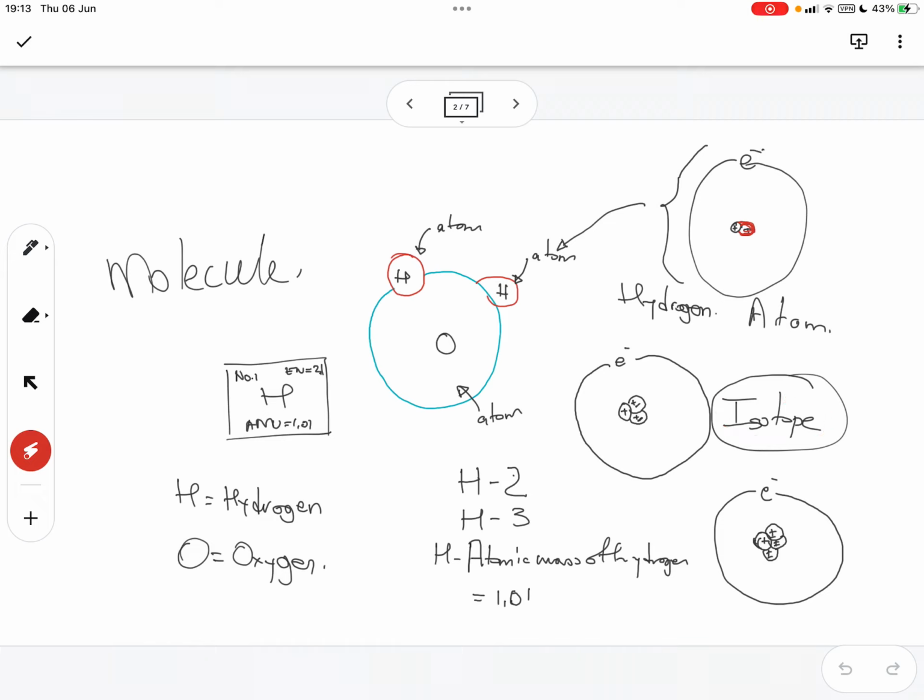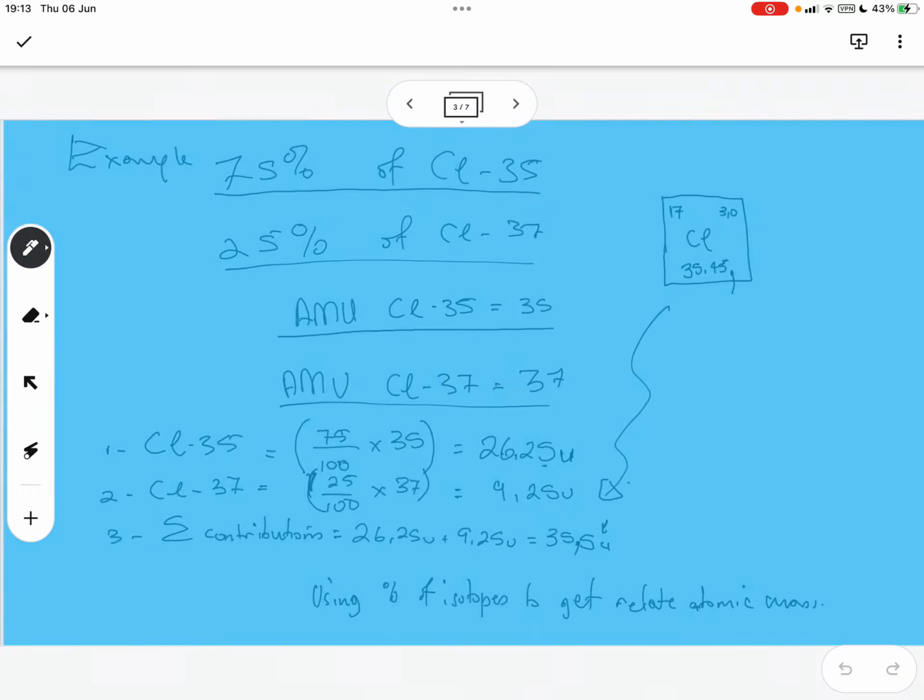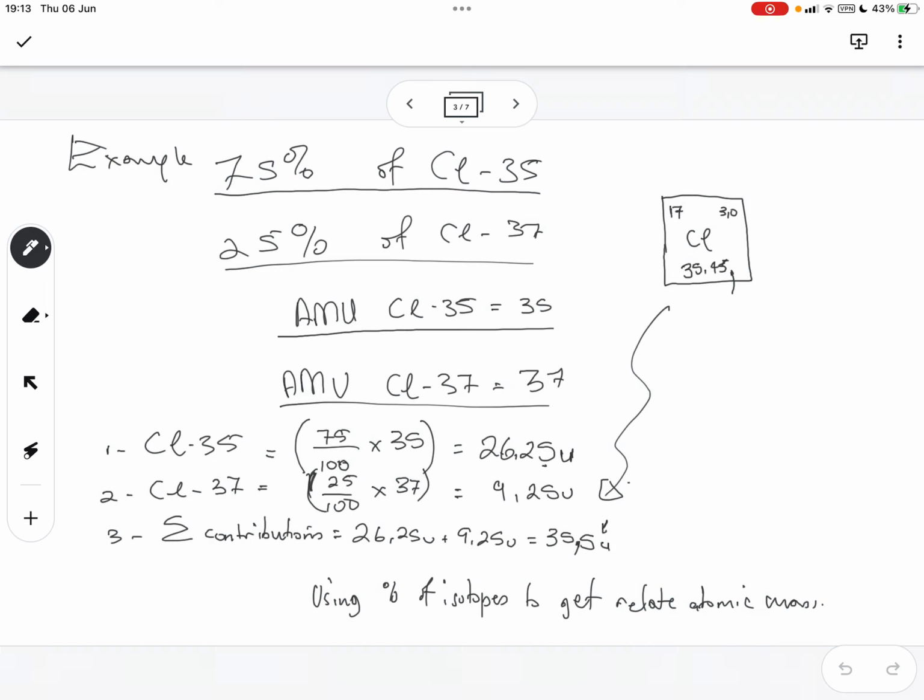It's usually because the number of neutrons increases, but the number of protons doesn't change. So when that happens, we have what we call an isotope. That's just a variation of the same atom with a different number of neutrons. Neutrons being the non-charged things at the center or heart of the atom.